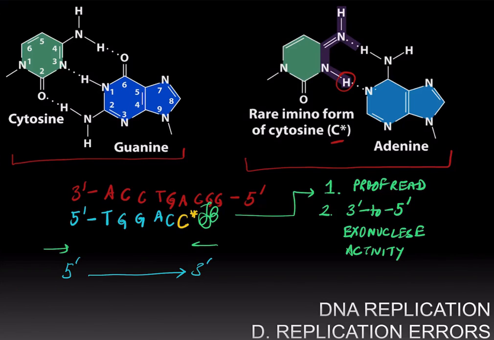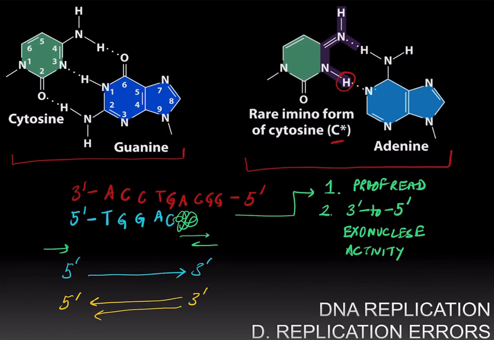However, if the enzyme is correcting a mistake that it has determined through its proofreading ability, then it has the ability to move in the 3' to 5' direction and act as an exonuclease to cut or remove this mismatched base pair. And so it moves back to this position, and then it can begin the synthesis afresh.